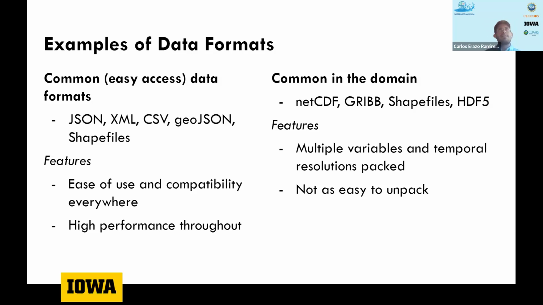However, this can be very extensive, and though they are easy to interpret, there's still limitations to them. And this is where the more specific ones are coming in. So you have netCDF, GRIB files, shapefiles, HDF5, any other kind of gridded format, whose main features are that multiple variables and temporal resolutions are packed.